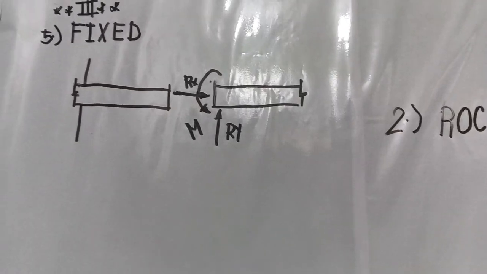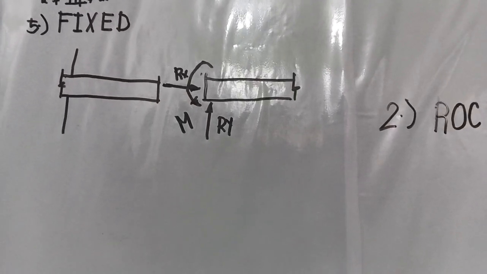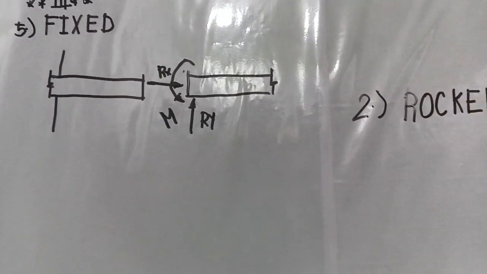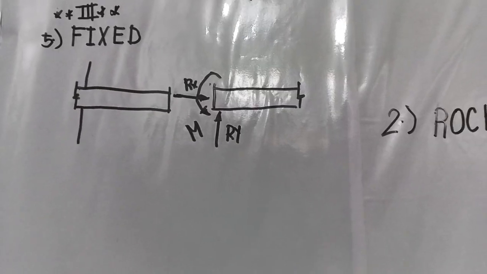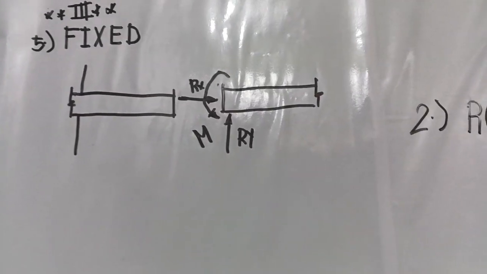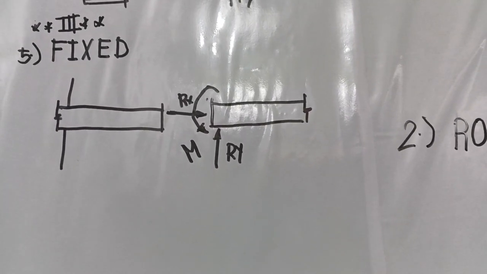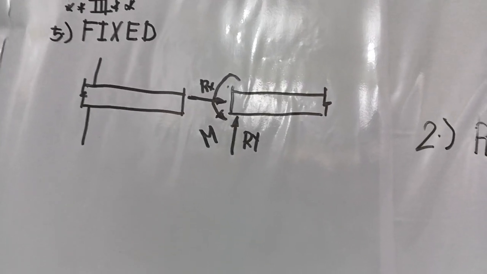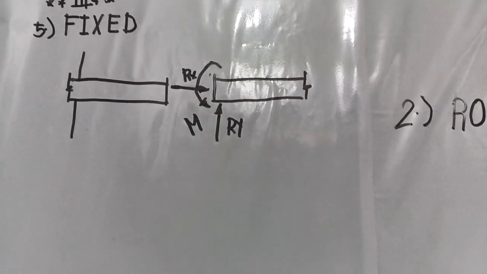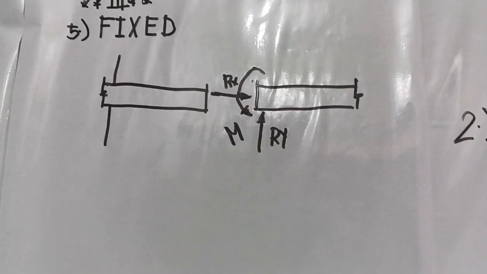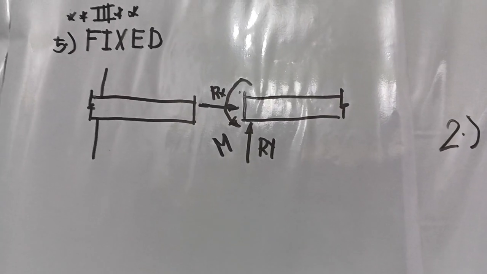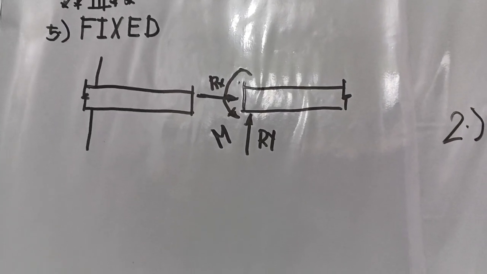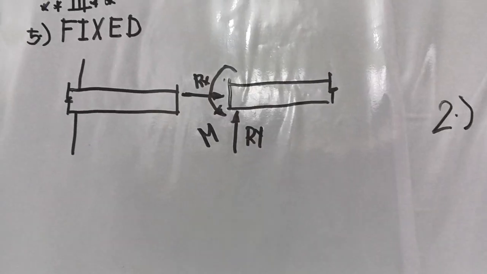Okay, so pag may torsion, meron ding rotation reaction yung ating structure. So kaya nga itong fix natin, meron tayong moment reaction, meron tayong horizontal reaction, at meron din tayong vertical reaction because it is fixed and it does not move. So it's really fixed and rigid yung ating support.